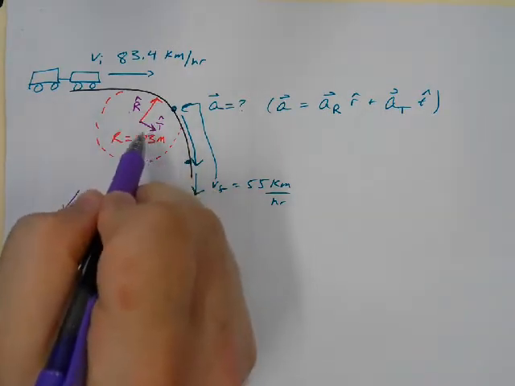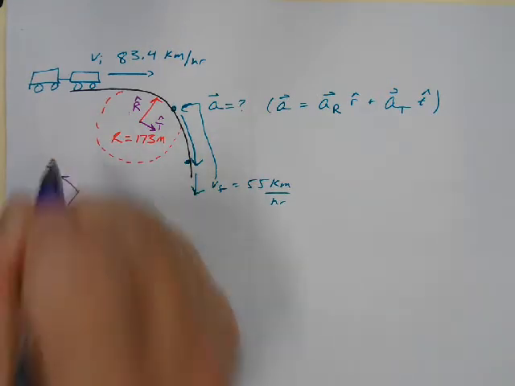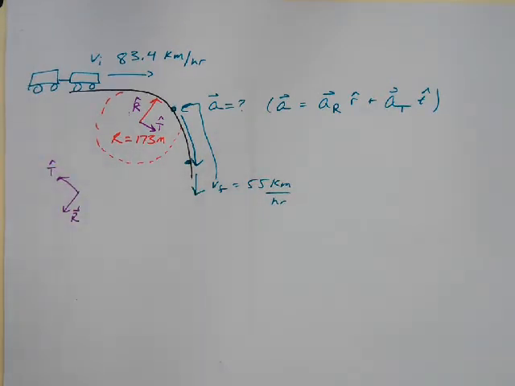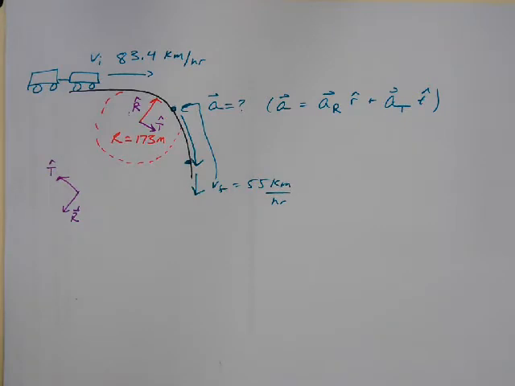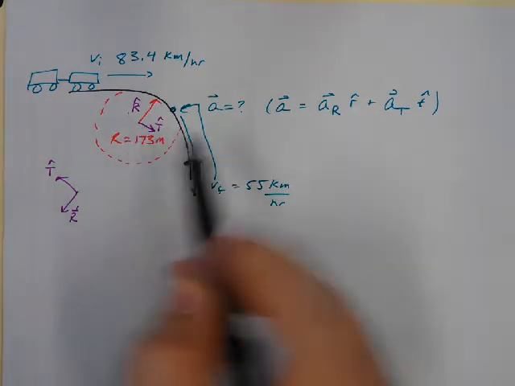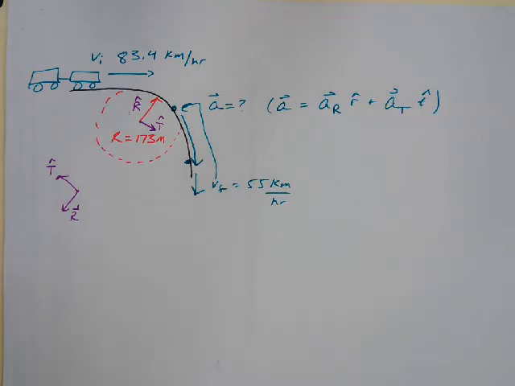But the orientation should be the same, so the tangential direction should be the same as well. Right? So the directions can change, but they're all in reference to this circle. So there's some part that is into the circle, and then some part that's tangential. So we have those, and that's pretty good.